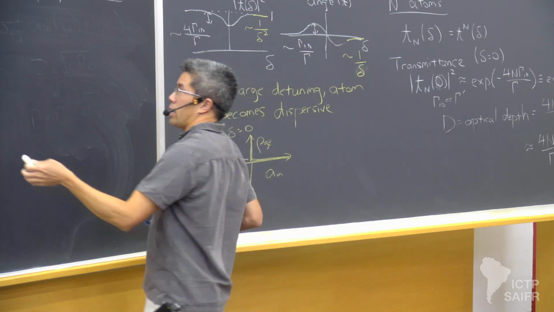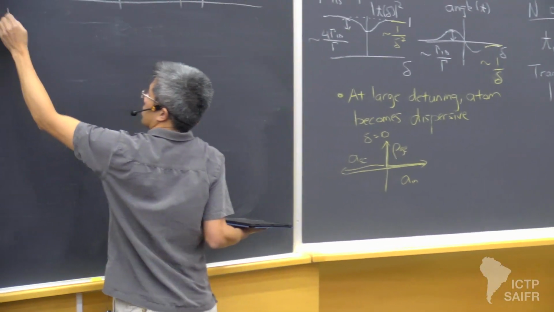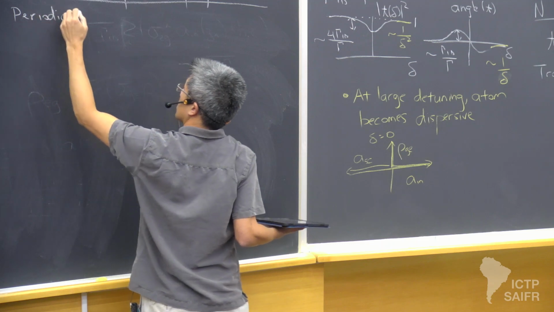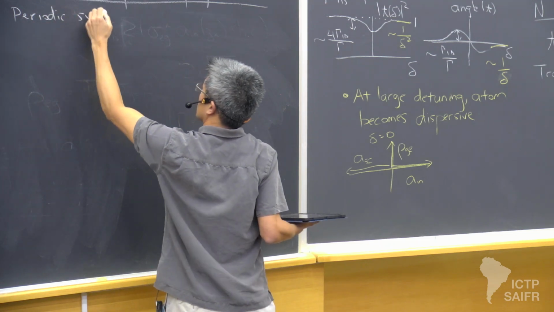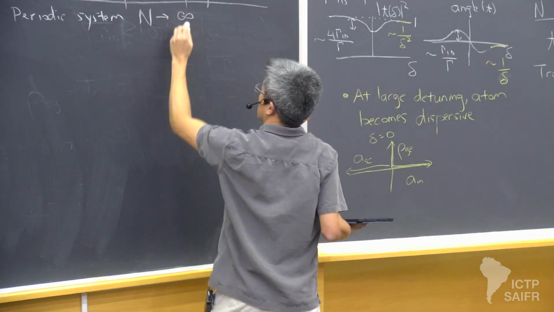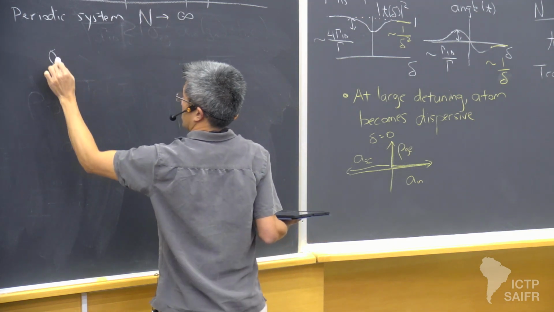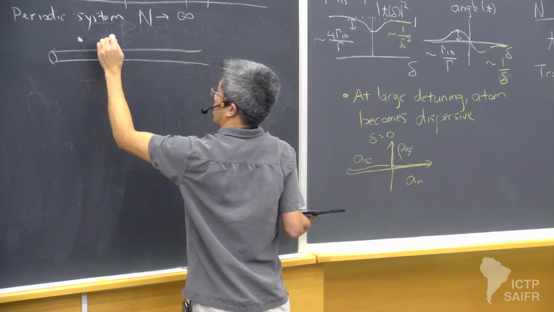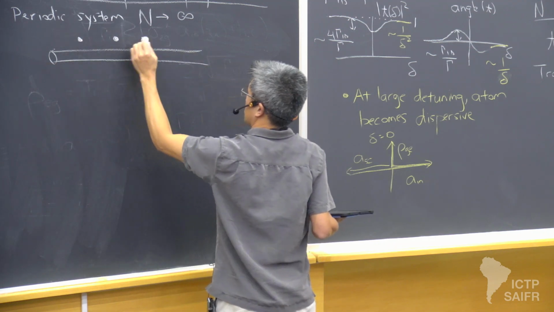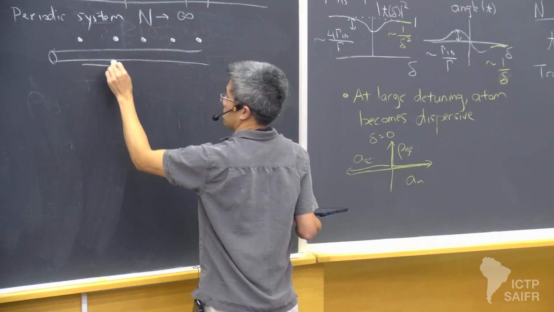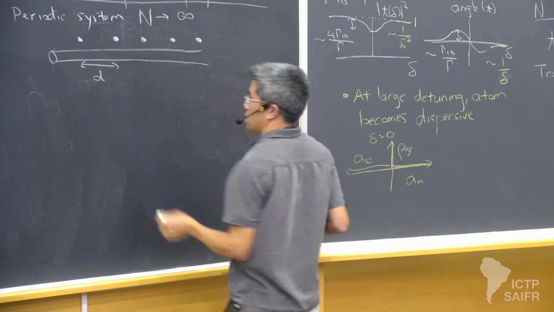To see that, now let's go to a periodic system. So let's take n going to infinity. In the chiral waveguide picture, I have a set of atoms at periodic separations, let's say some distance d.